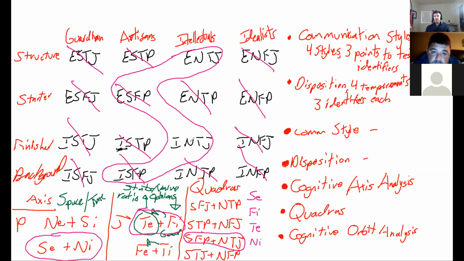Well, one's initiating and one's responding, one's control and one's movement. If this guy is control, that means he's outcome focused. It's all about the outcome. And then we have the INTJ, which is more about the process. How are we going to get there? Control types are all about the why.